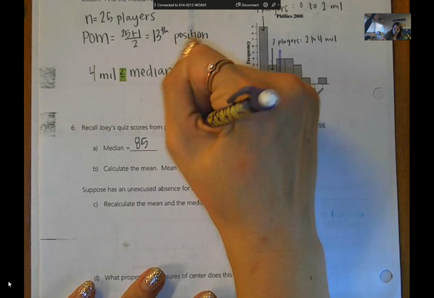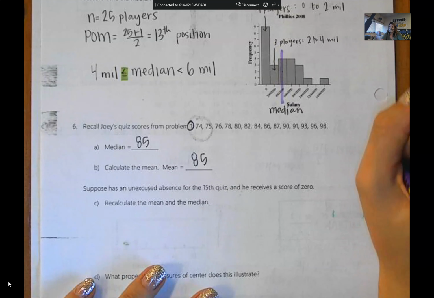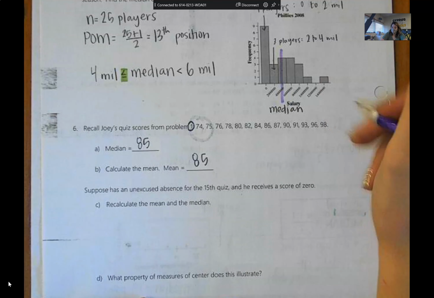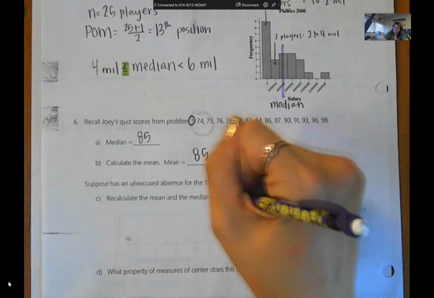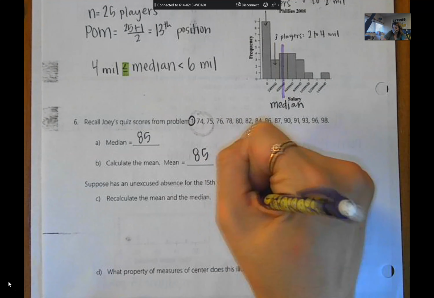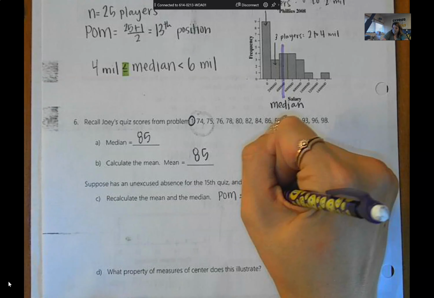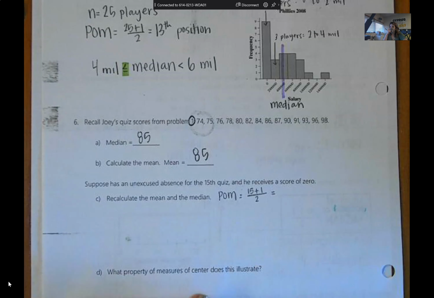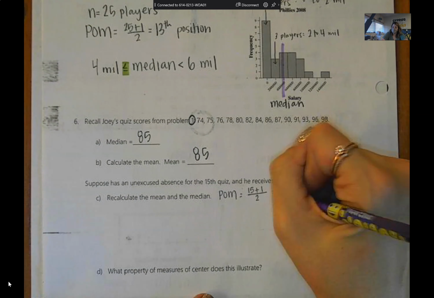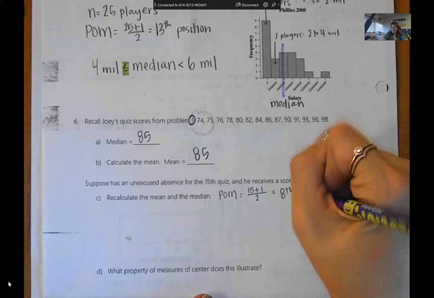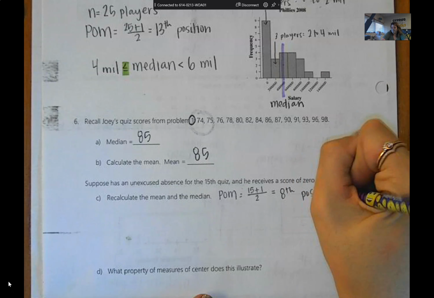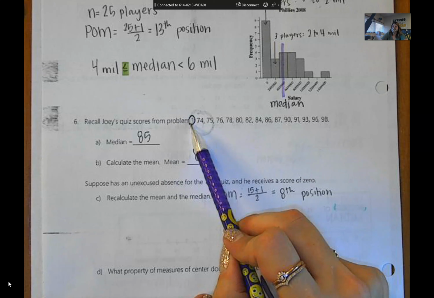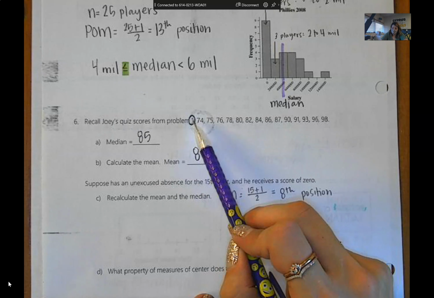So I'm going to add this 0 onto the front of the data set, and I'm going to find the position of the median. So 15 plus 1 divided by 2 tells me that the new median is in the 8th position. So now starting at the 0, I'm going to count to the 8th position.